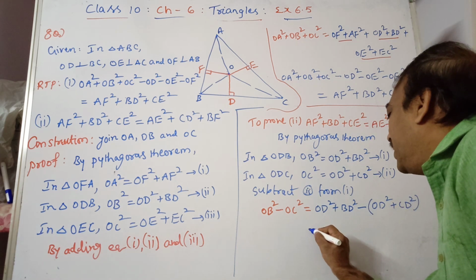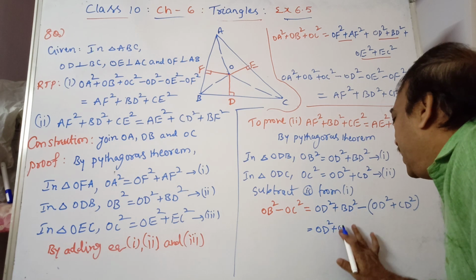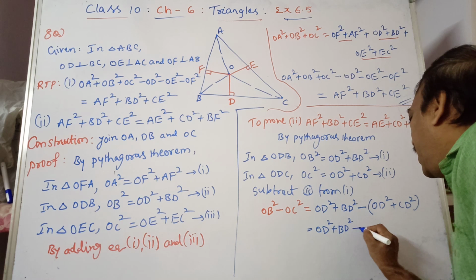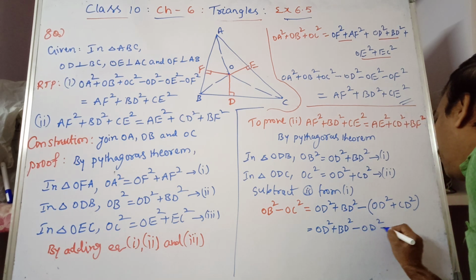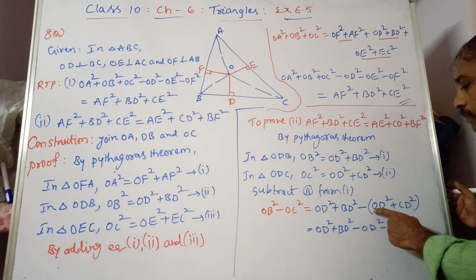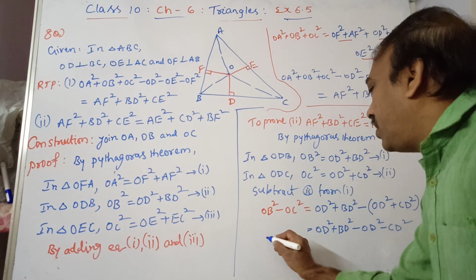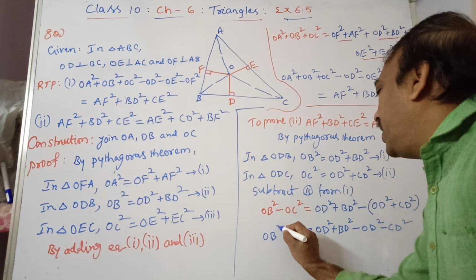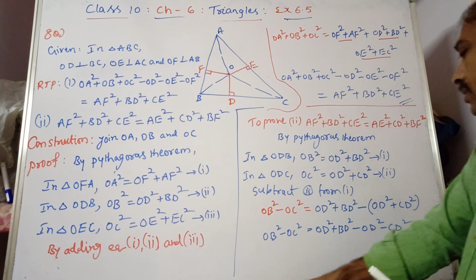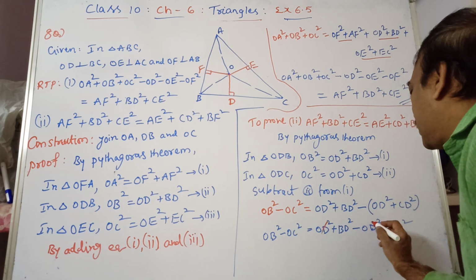Now when you simplify, opening the bracket, minus into plus, minus into plus, minus. OD square and minus OD square both get cancelled.